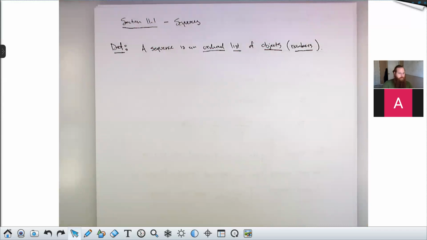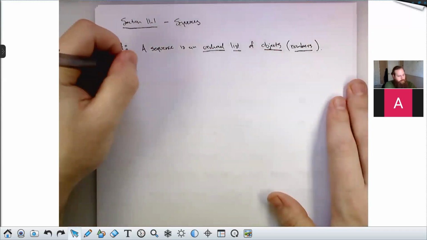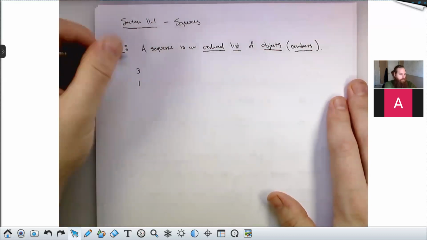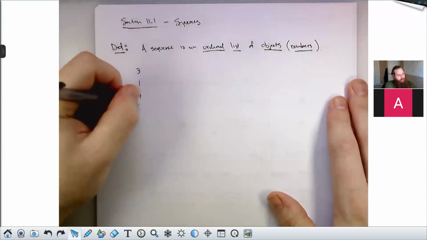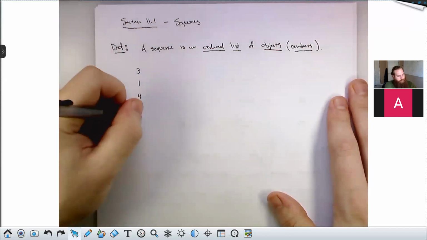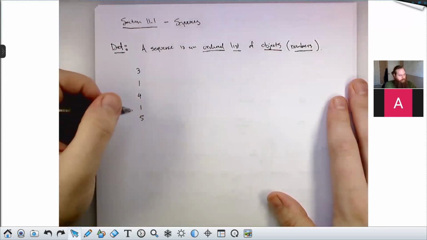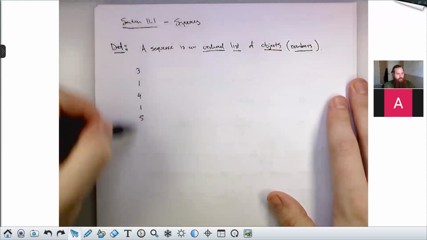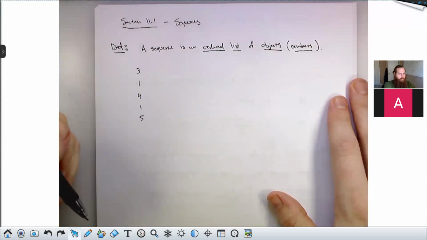But for us, it's an ordered list of numbers. So there's a first term in the sequence, a second term, a third term, a fourth term, a fifth term. So this is an example of a sequence.